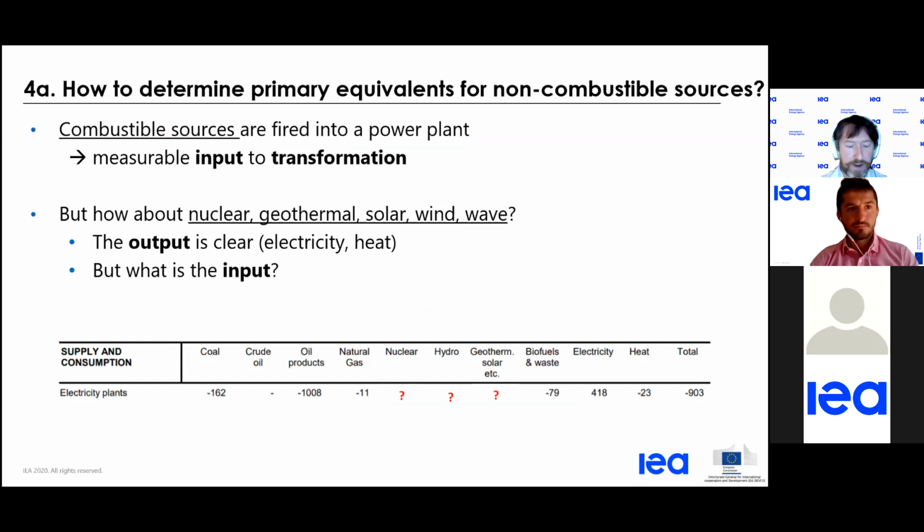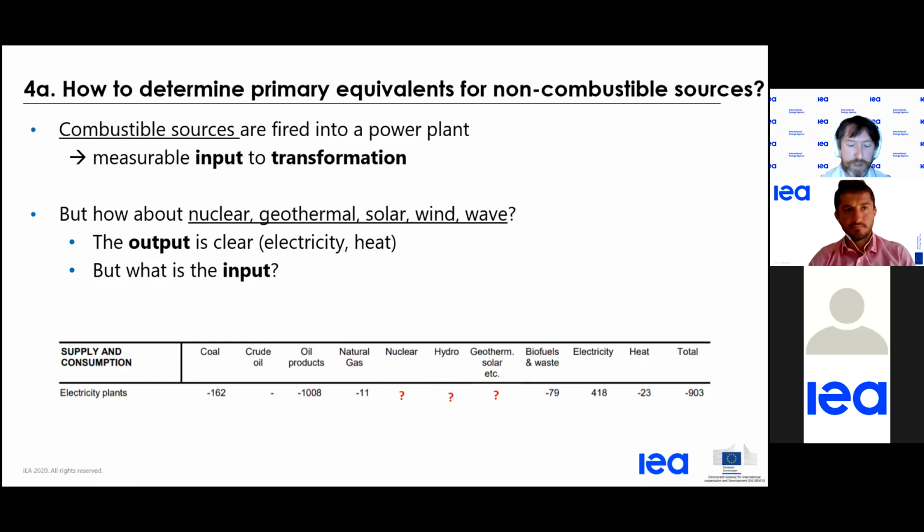So now we know how to convert combustible fuels into energy units. We use calorific values to convert tons, for instance, of coal production, supply and demand into energy units. We can calculate how much coal is used in a power plant based on the tons of coal consumed and the calorific value. But what about nuclear or hydro or geothermal? For these fuels, we know how much electricity or heat is produced.